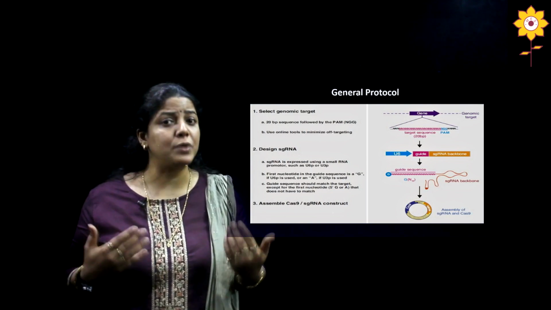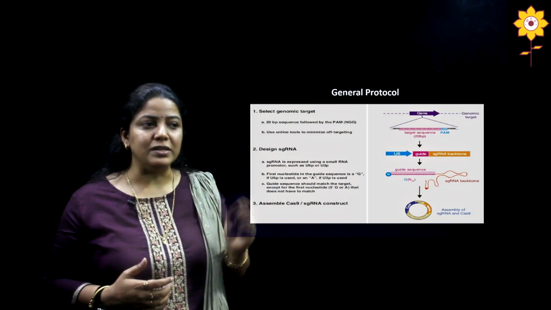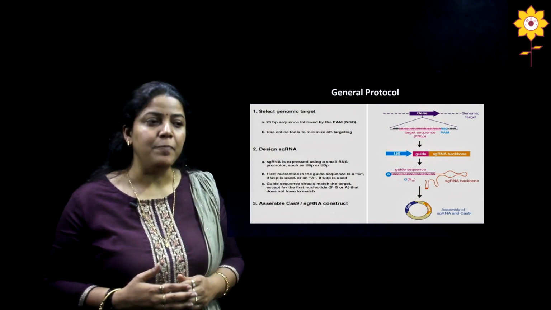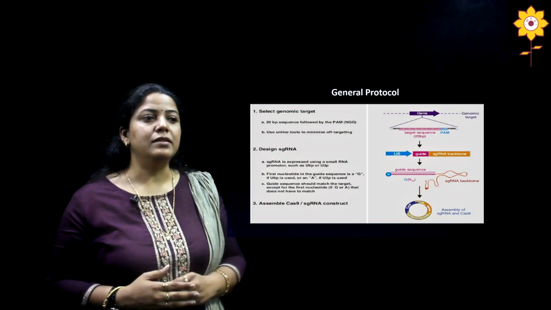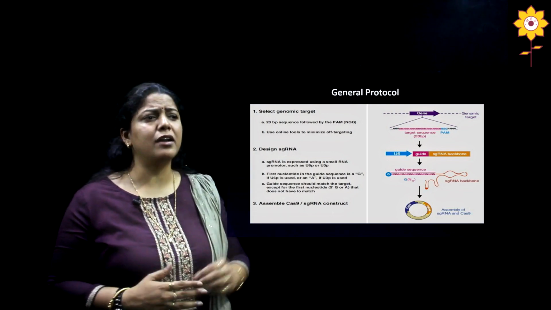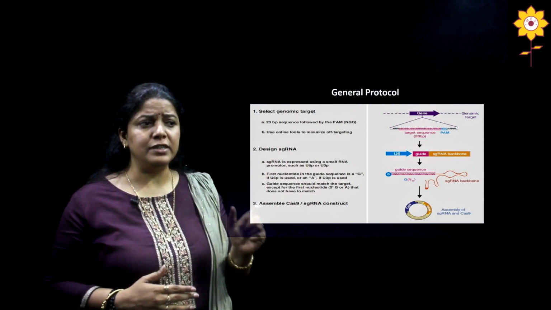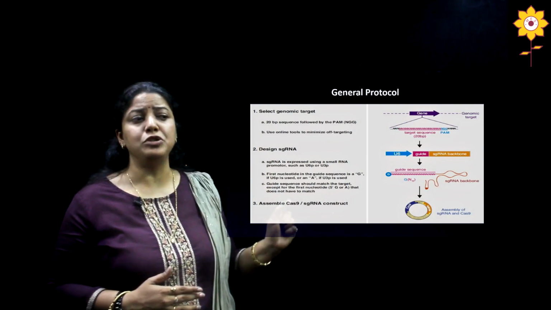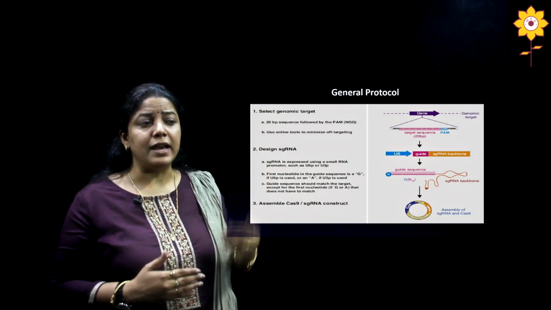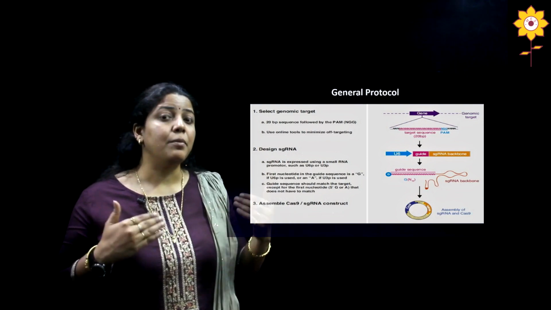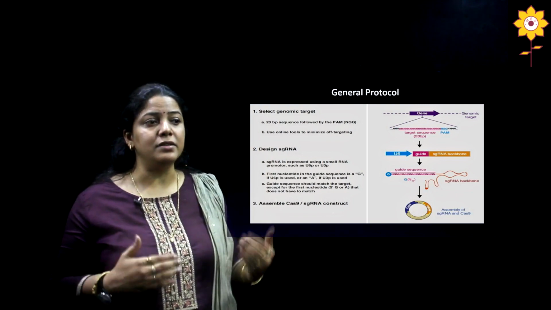So depending upon which promoter you are using, there could be slight changes. You can see in the diagram how the target sequence is taken and connected to your PAM, and then you design the plasmid.